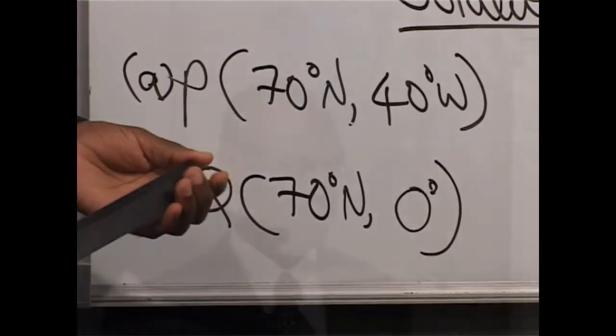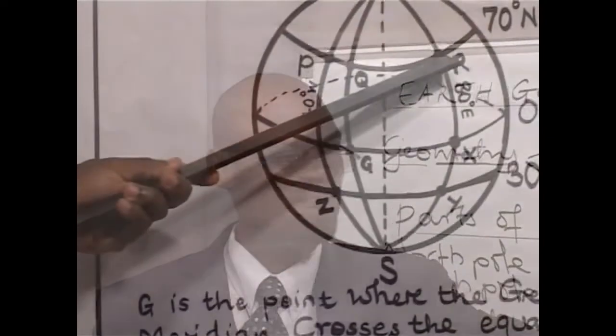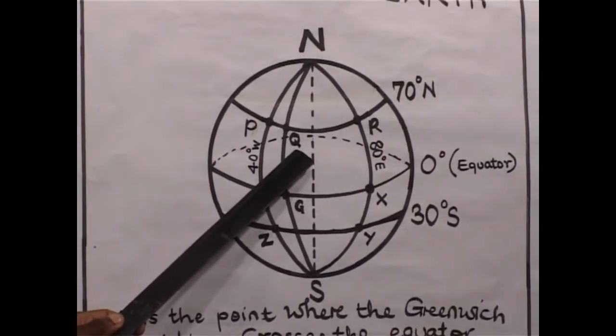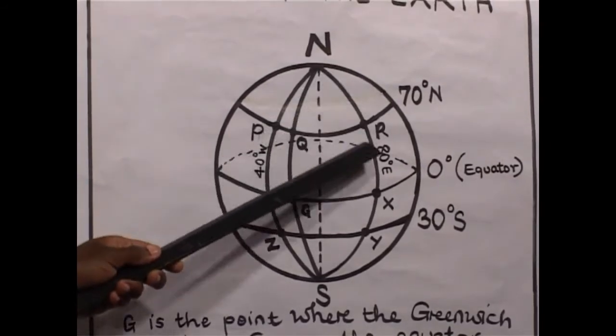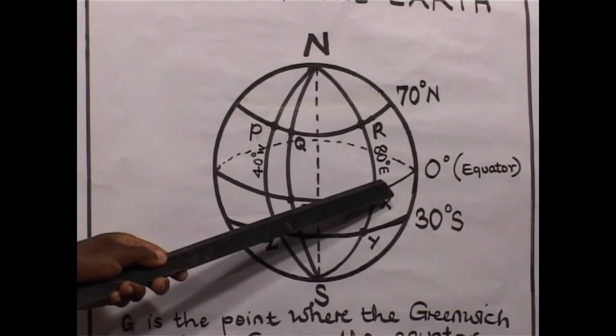In like manner also, point R, you can see on the Earth's surface, is on the same latitude just like points P and Q, but on a different longitude, which is longitude 80 degrees east.